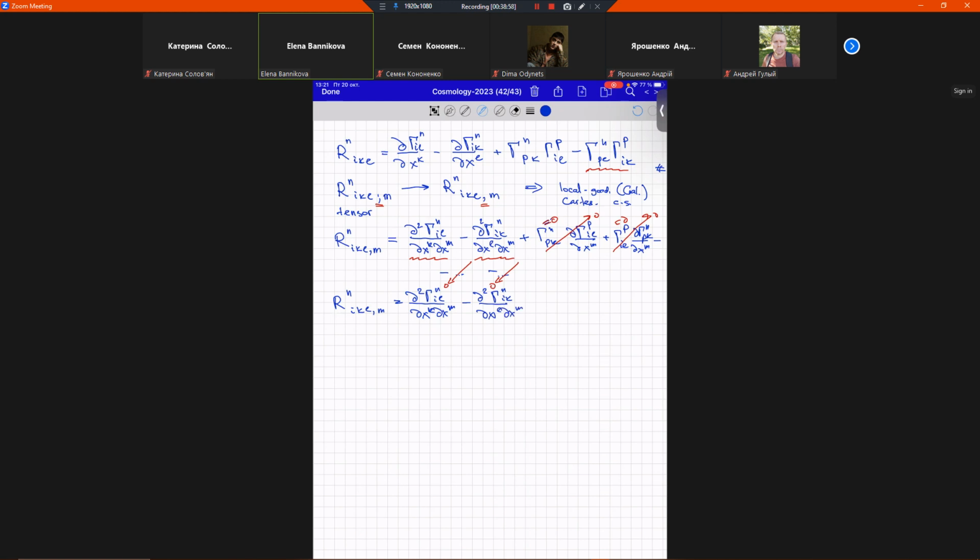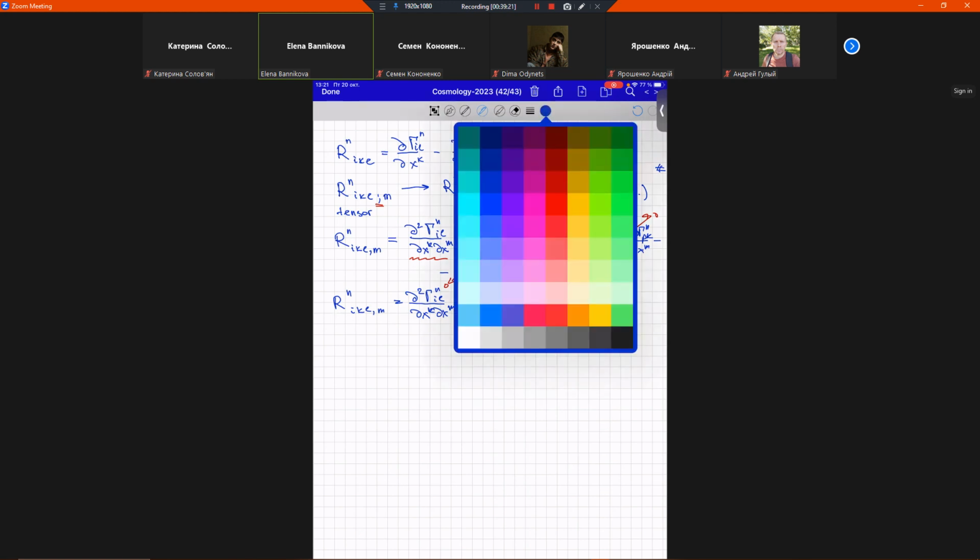So this is what we have in the case when we are in the Cartesian reference system. If we now do, and this is a general rule, you can check it just in mathematical analysis.